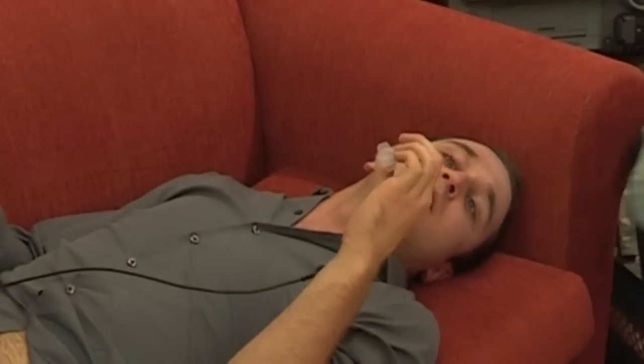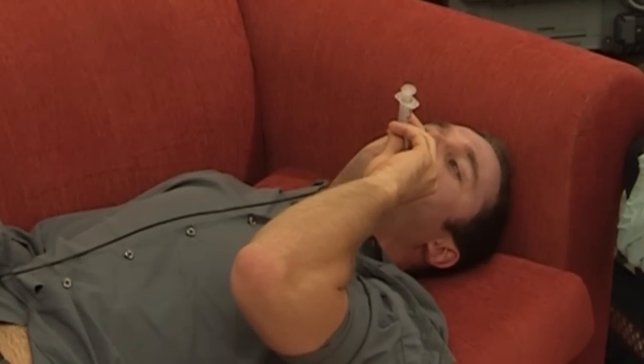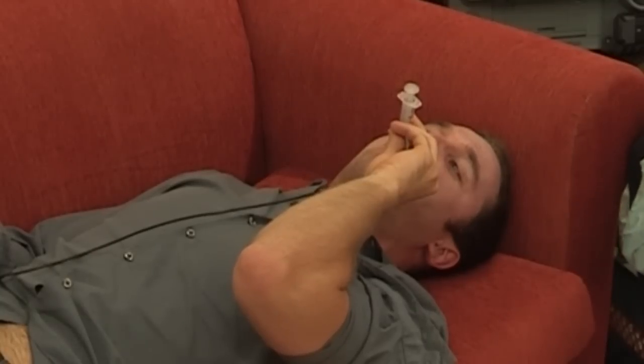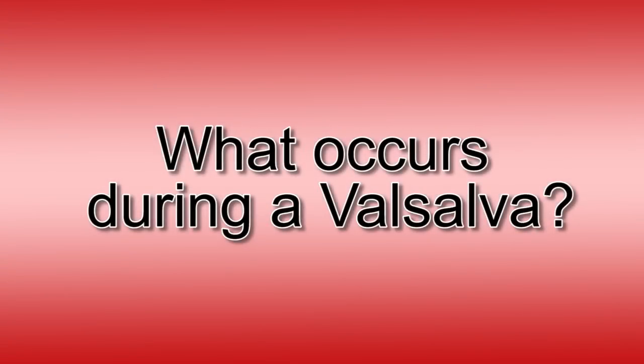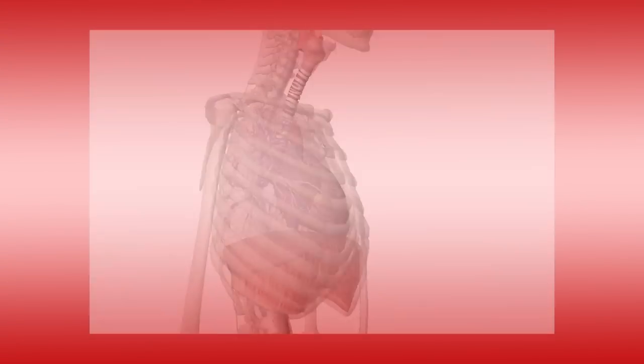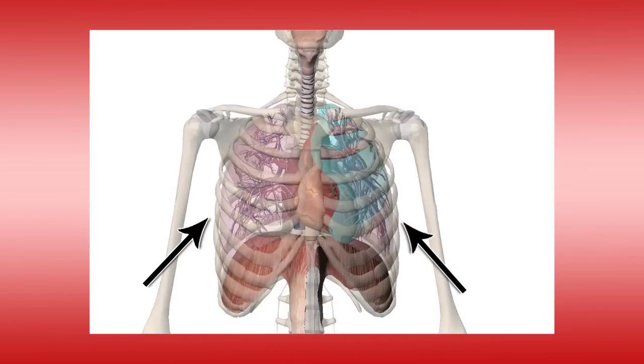When a person forcefully expires against the closed glottis, changes occur in the intrathoracic pressure that dramatically affect venous return, cardiac output, arterial pressure, and heart rate. Initially during a Valsalva, intrathoracic pressure becomes very positive due to the compression of the thoracic organs by the contracting rib cage.